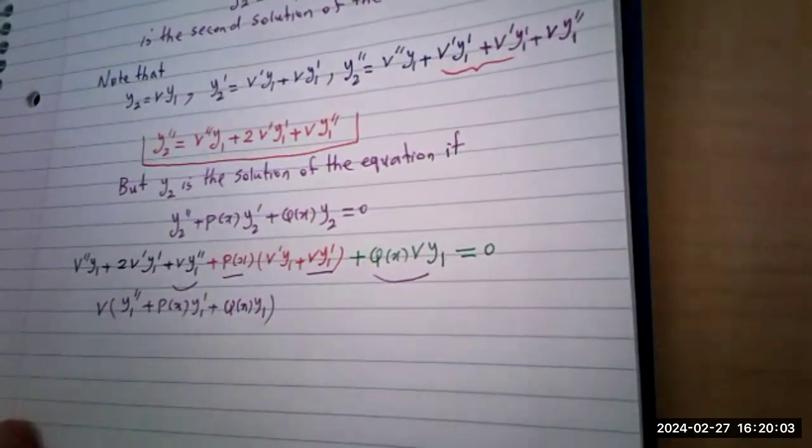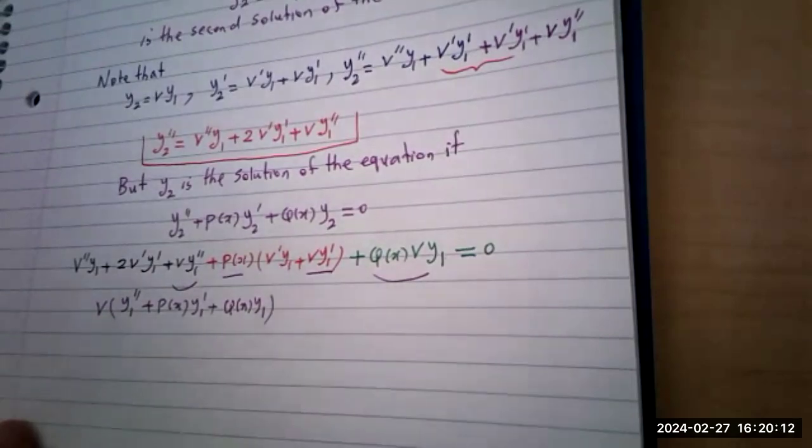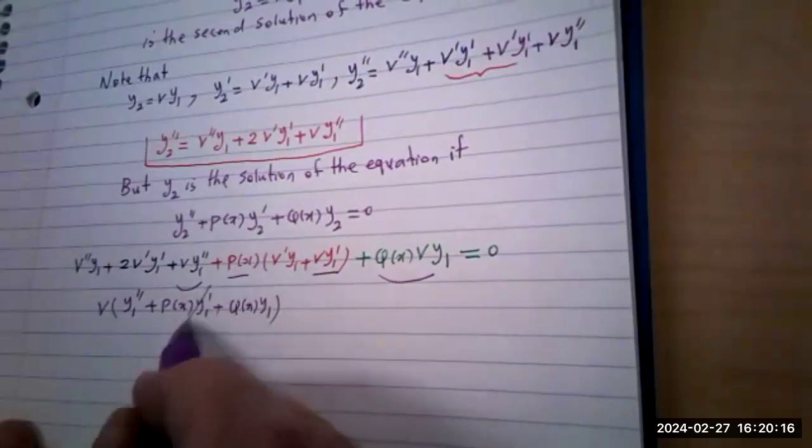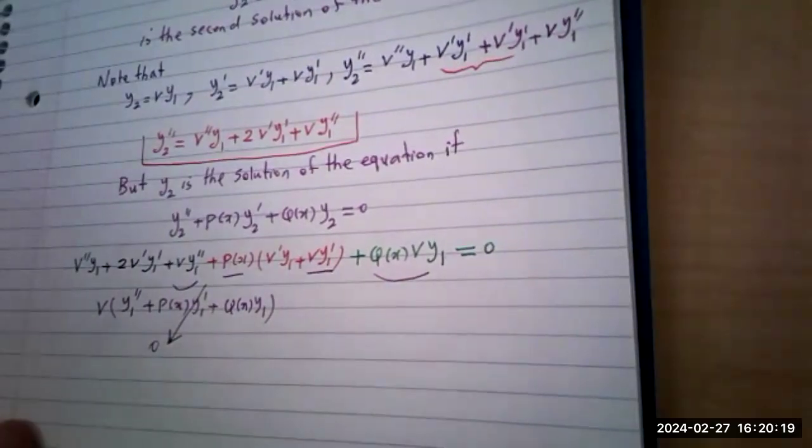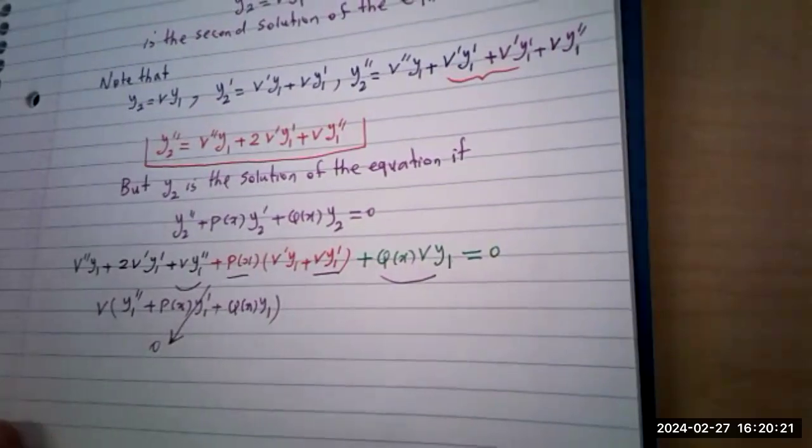What is inside the parentheses? It's equal to 0, because y1 is the solution of the equation, remember? So this would be 0, everything would disappear. What's going to be the leftover now?